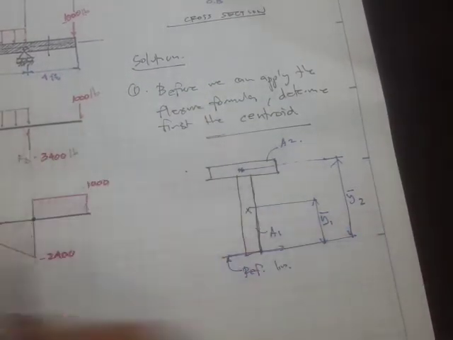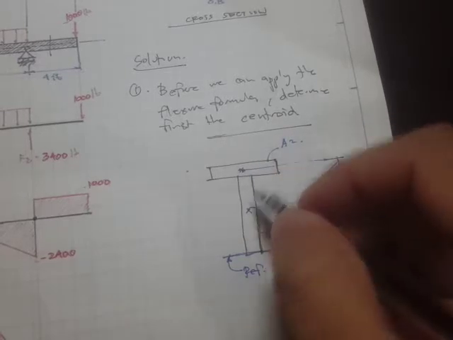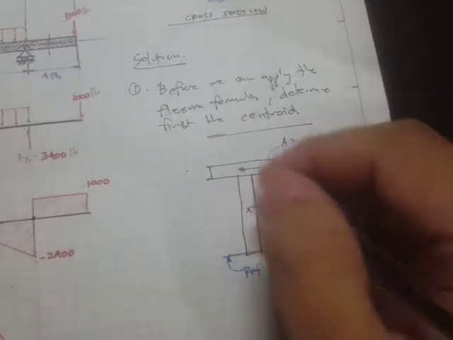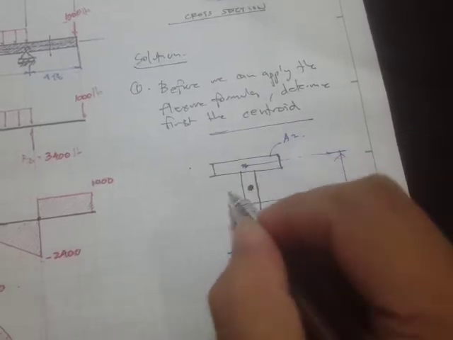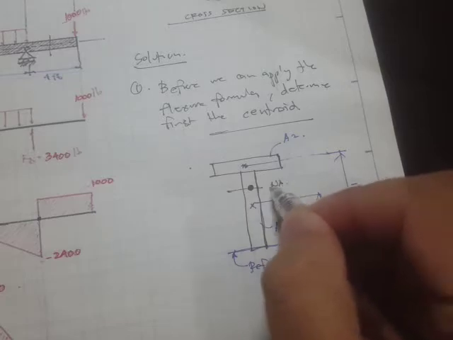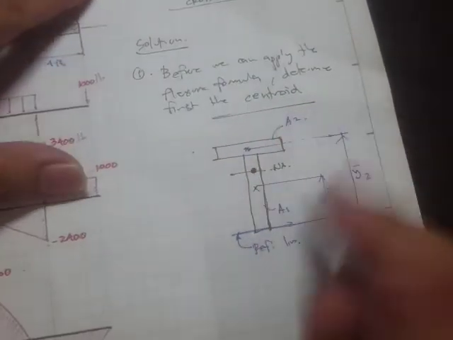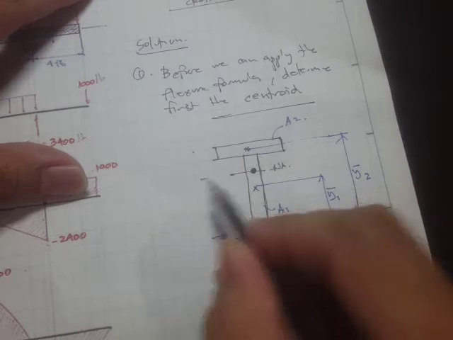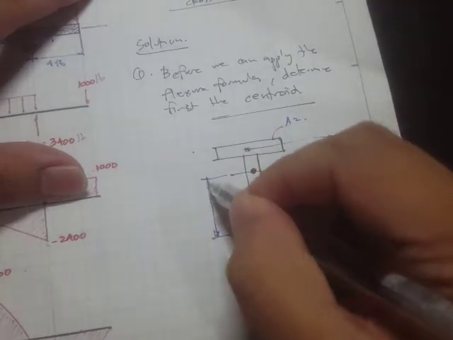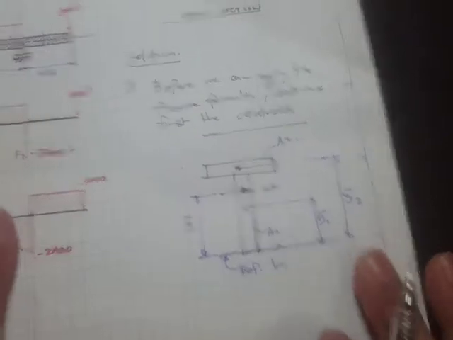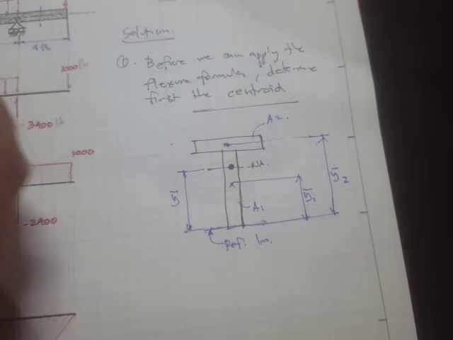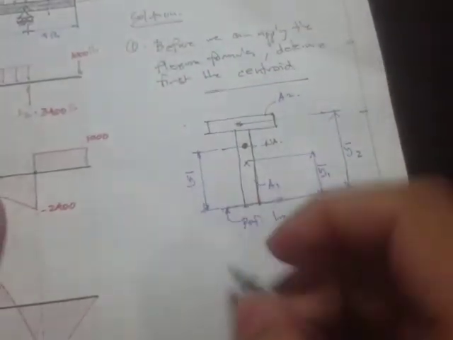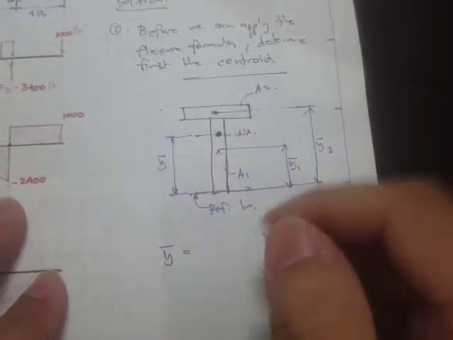Somewhere there is going to be the final centroid of the combined shapes, maybe somewhere here, and that's going to be our neutral axis. The distance from the reference line to the neutral axis, let's just call it y bar. Now let's solve for the y bar, and that's actually from the statics class.